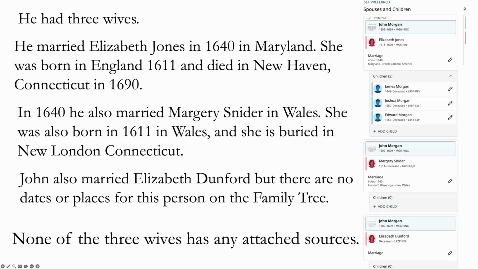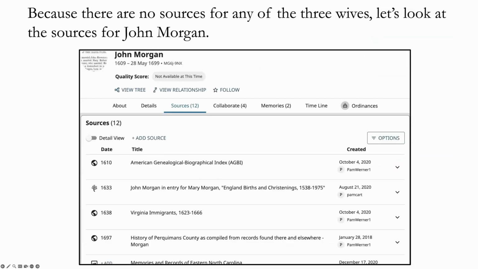It is not unusual in well-supported research to have a source for almost every paragraph and every sentence that you come up with, or for every date and every name. It's just part of the process. And if you don't follow that process, then you end up with things like this that we're talking about. Because there's no source for any of the 3 wives.